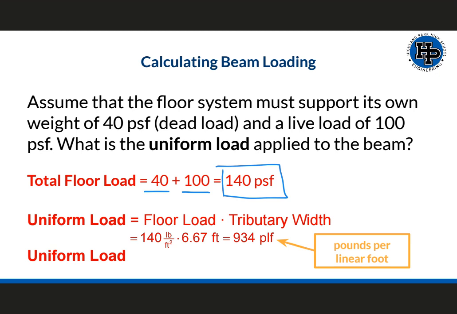The reason why it changes to linear feet is because we're actually canceling out one of the feet here. So we're left with pounds per foot or pounds per linear foot. Either one works.